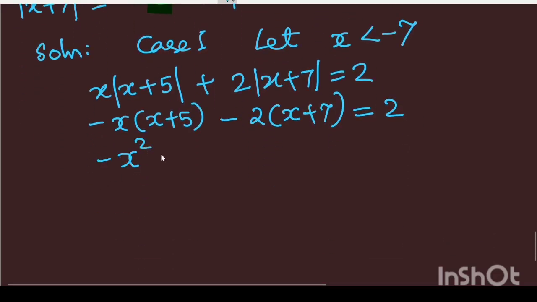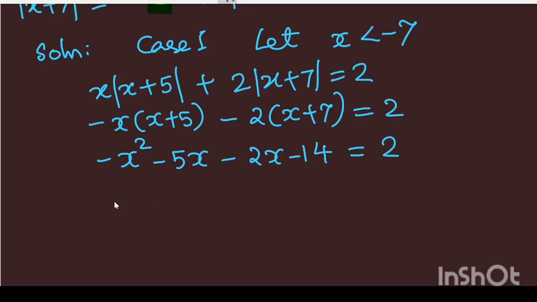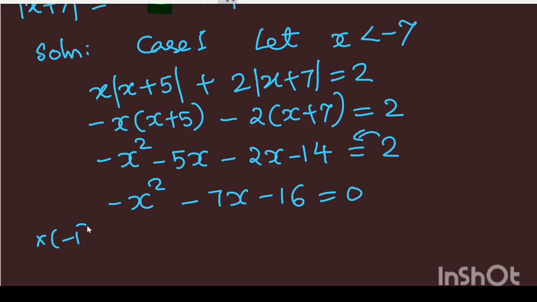Minus gets multiplied: minus x square minus 5x minus 2x minus 14 equals 2. Minus x square minus 7x, 2 goes to the right hand side, it becomes minus 16. Multiplying by minus 1, this quadratic is now x square plus 7x plus 16 equals 0.